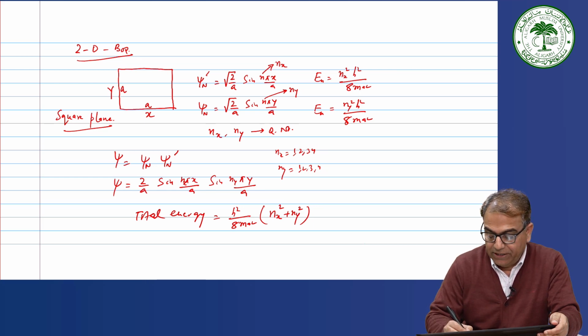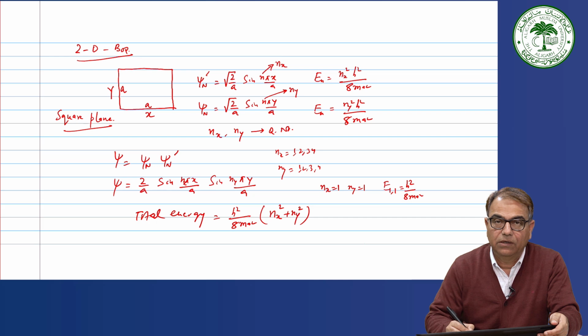If you put nx equal to 1 and ny equal to 1, you get E11, which is h square divided by 8ma square.